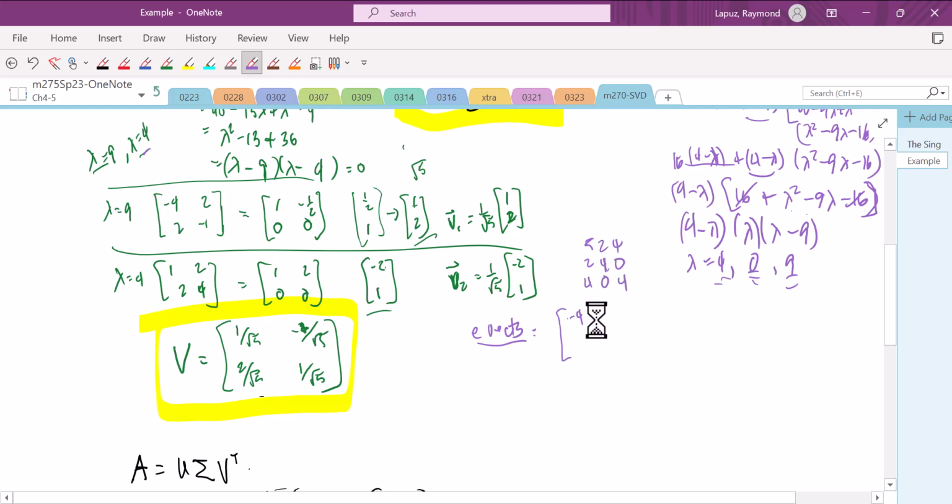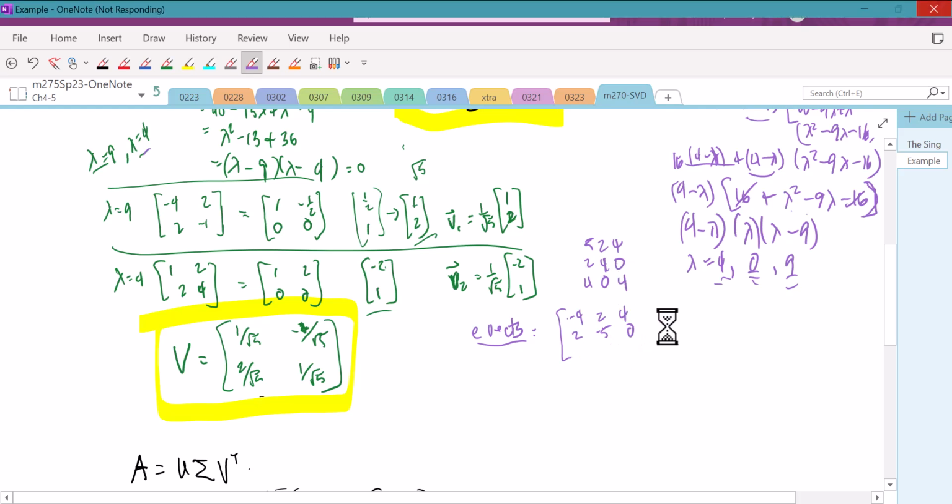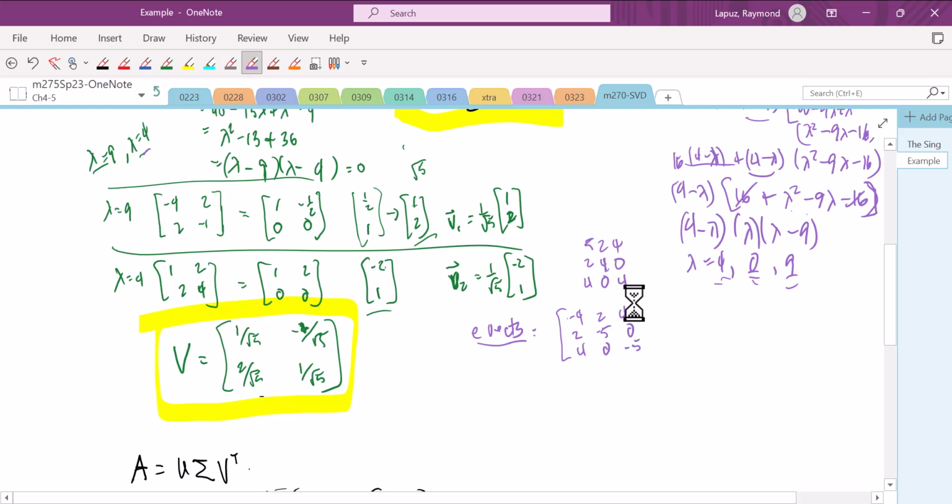And then 2, 4. 2, 4 minus 9 is -5. 0, 4, 0. 4 minus 9 is -5. So let's row reduce this, RREF. Let's see, I don't know if there's a quick way to do this. Maybe I'll just use technology to RREF that.